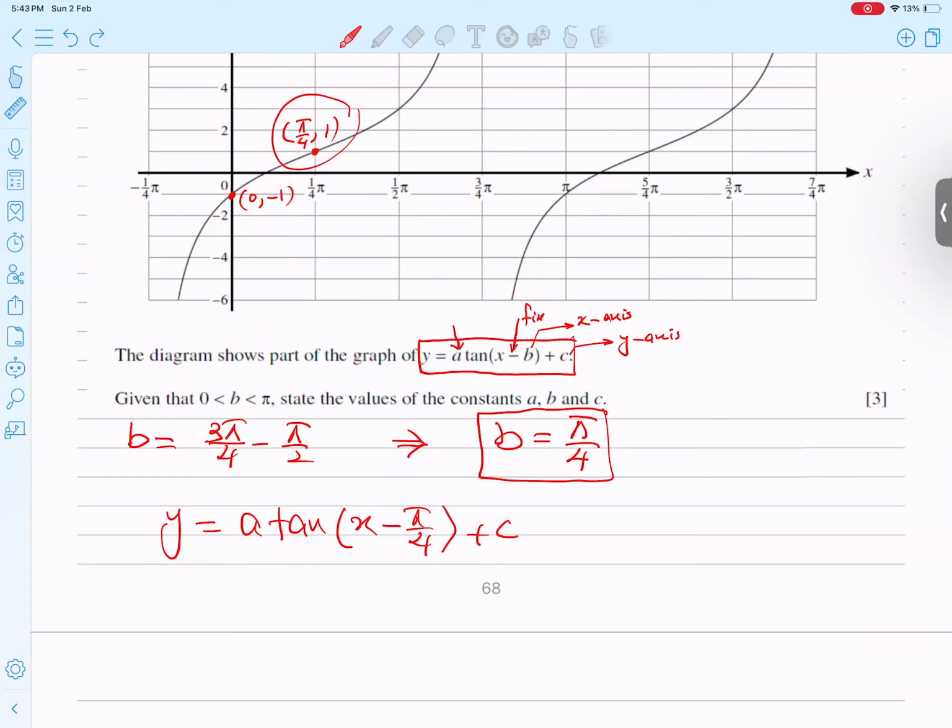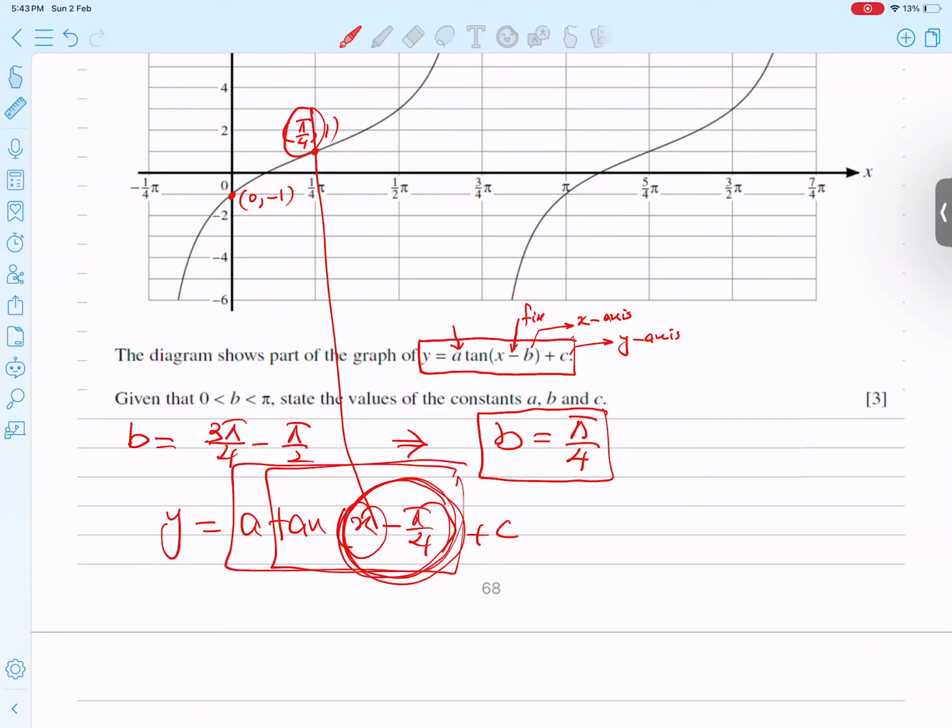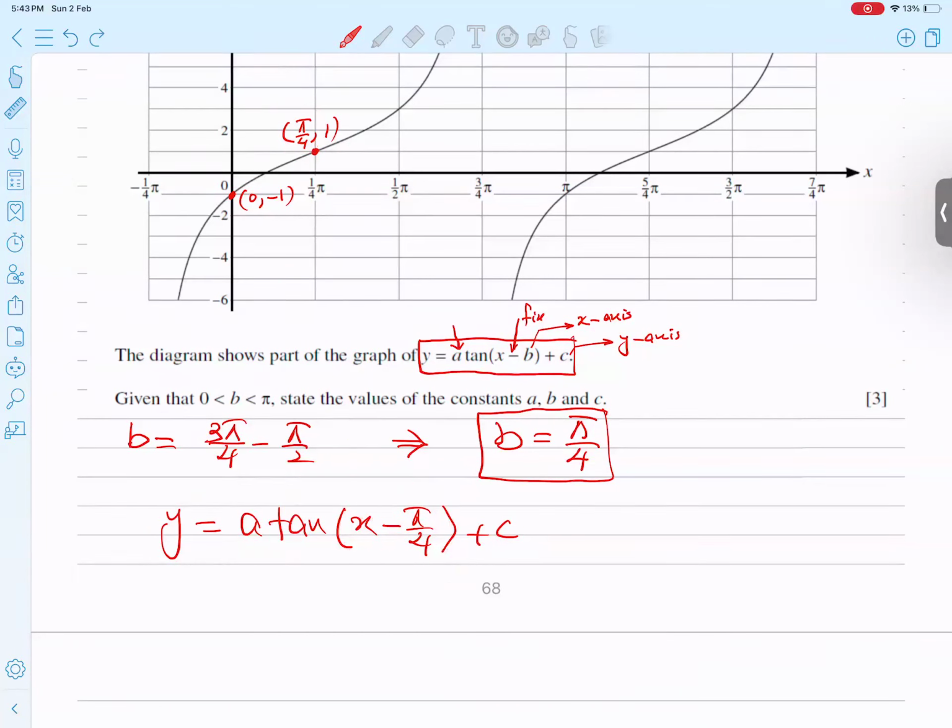But if I plug in this one, it is more effective and productive. Why? Plug in pi by 4 here, and pi by 4 minus pi by 4 becomes 0, so this whole part is 0, and I can find the c value easily. So I'm using x value pi by 4 and y value 1.